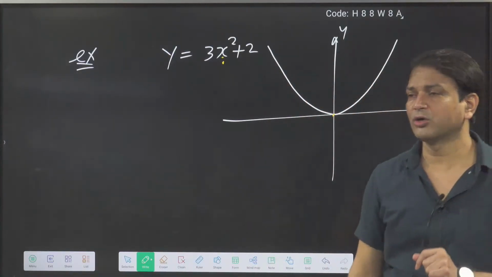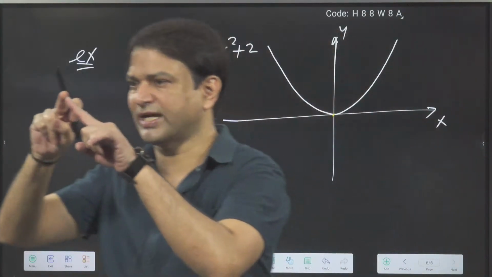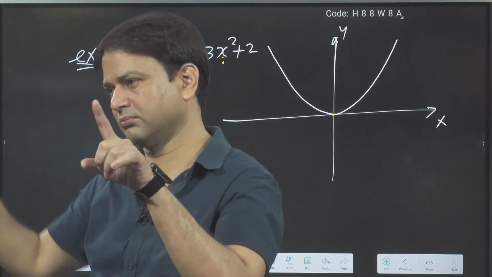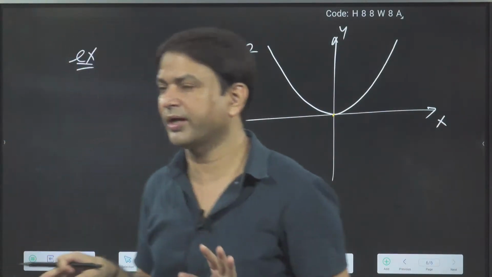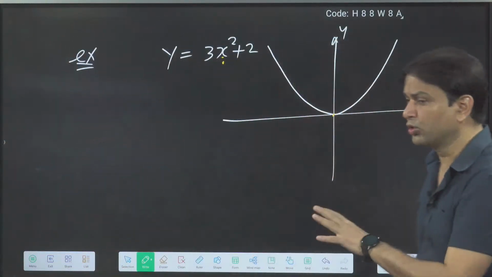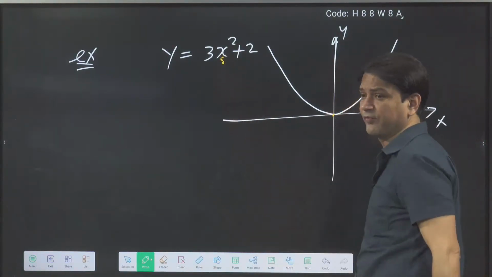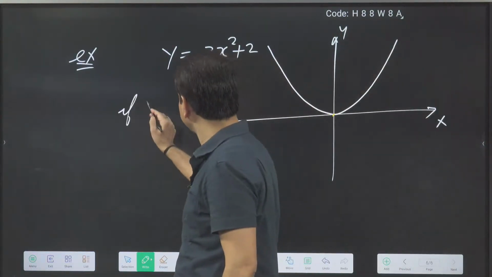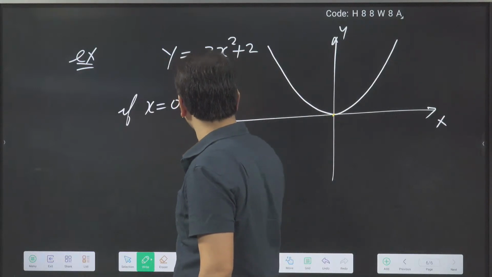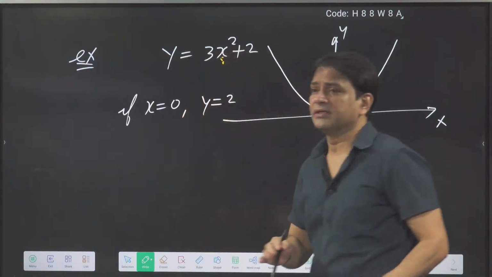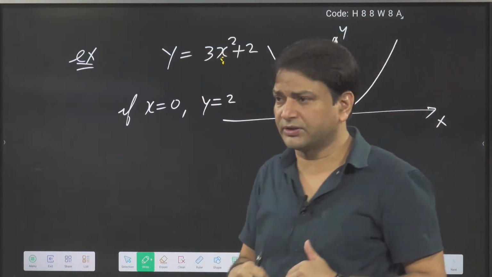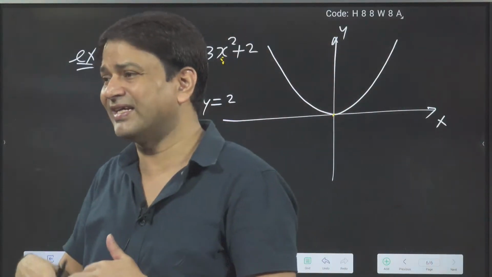But if I gave the equation with plus 2, then now what you will do is, first you decide the pattern: it is a parabola, an upward parabola. Now if the plus 2 is there, what we will do? If I put x is equal to 0, then what y will I get? Y is equal to 2. Then I will shift this parabola to y is equal to 2.